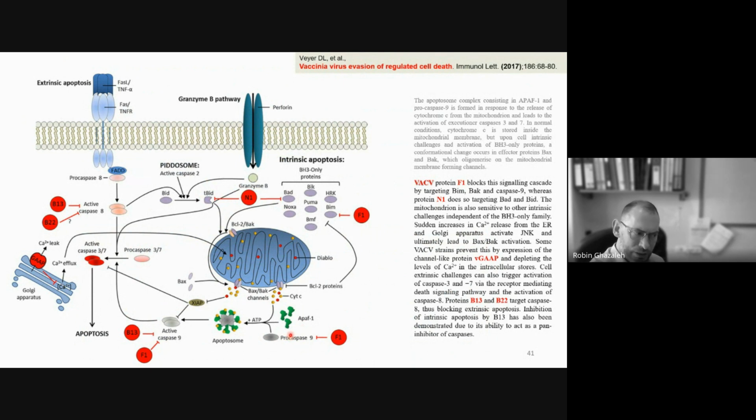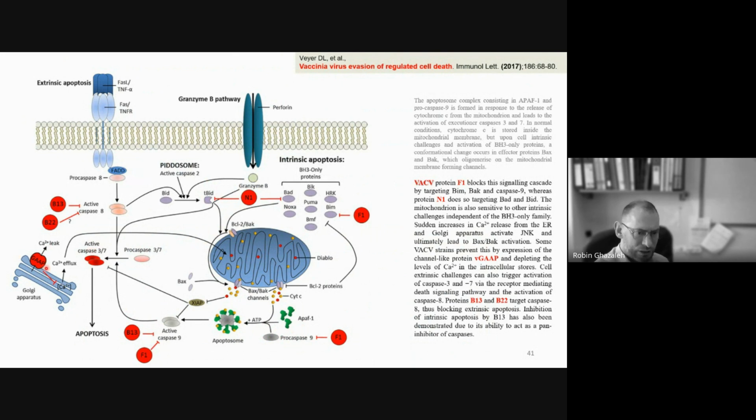It's like the thrombin blood clotting cascade, a similar kind of concept. So F1 prevents procaspase 9 from being cleaved and matured into the apoptosome. F1 also is able to block the activity of the active caspase 9. And we have many other proteins which are blocking all different aspects.